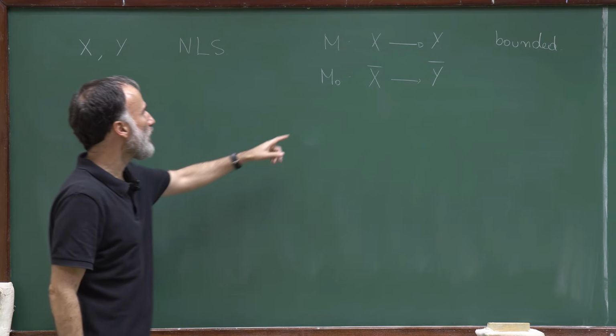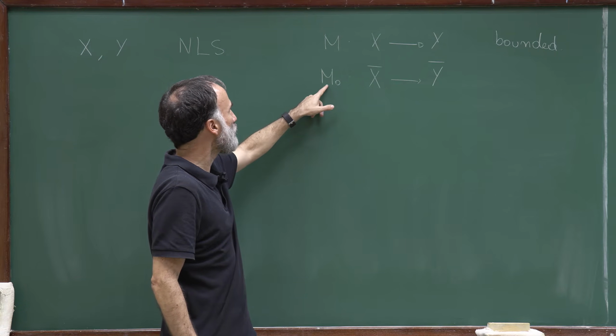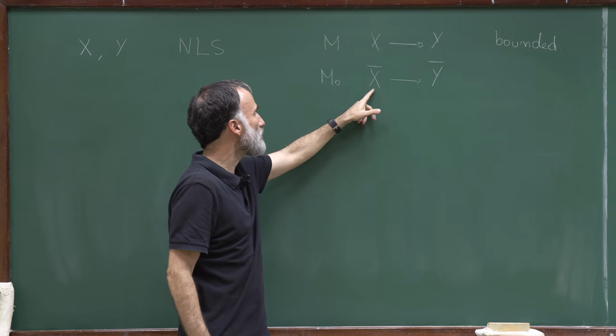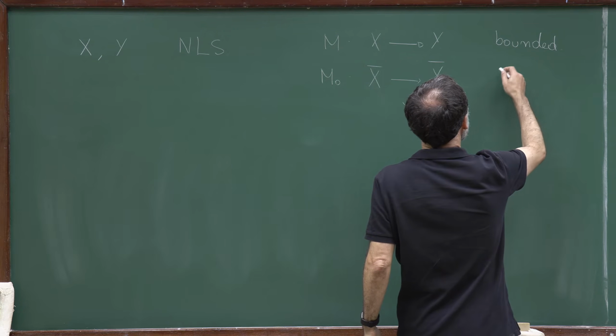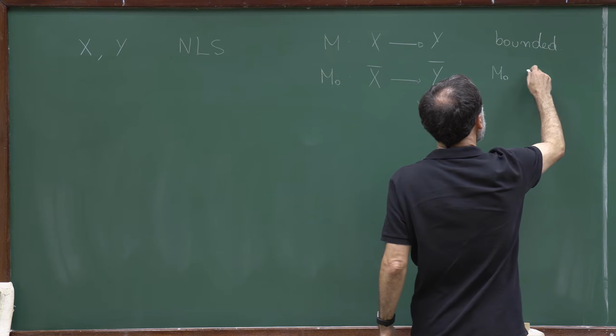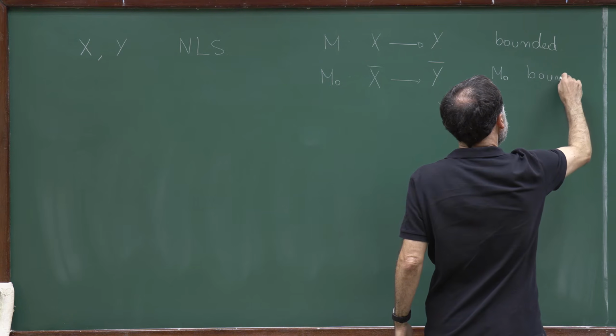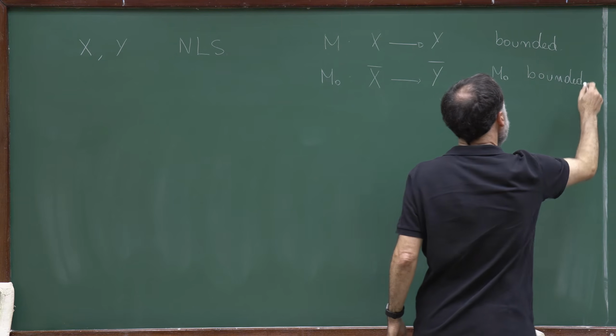So how to define this operator from the completion of X to the completion of Y with the property that M0, it's still bounded and linear.